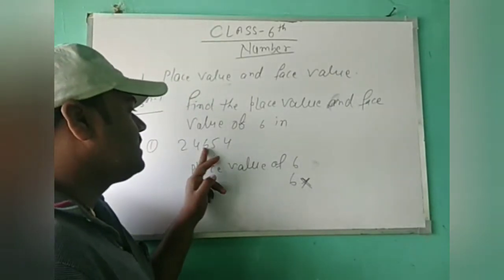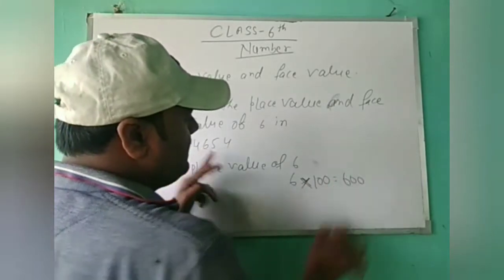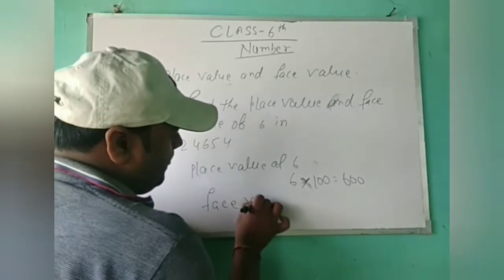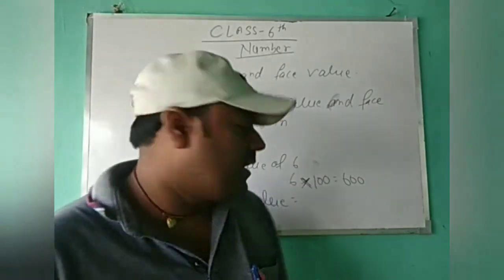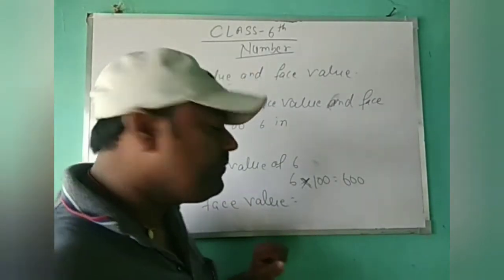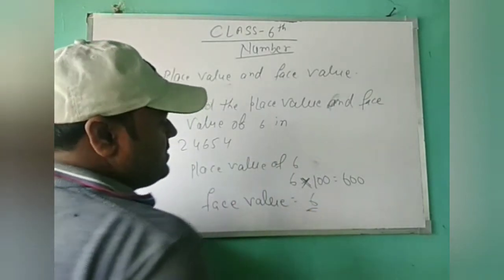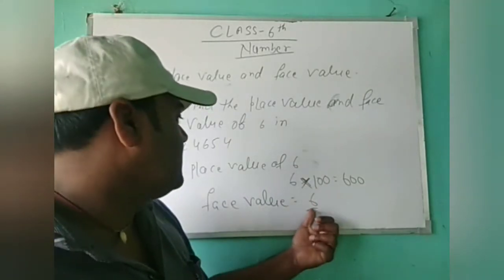Ones, tens, 100. So 6 will be multiplied by 100. It means 600. So 600 is the place value. Face value will always be the same, so the face value of 6 is 6. That is our answer. Place value of 6 is 600 and face value of 6 is 6.